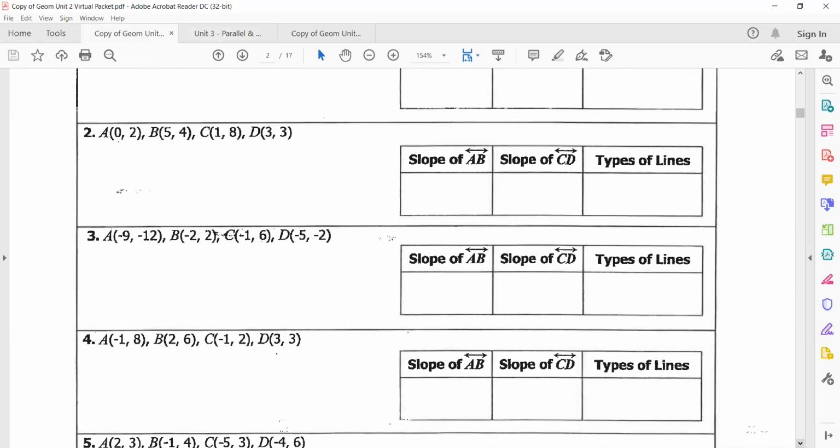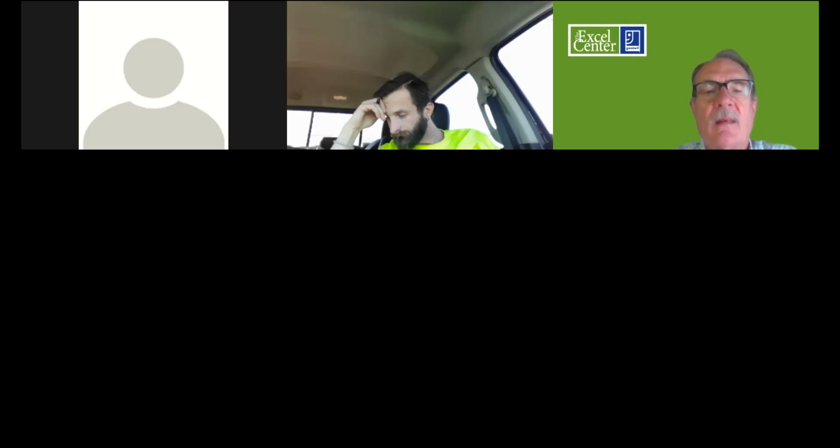So let's try number 4 here. And I'm going to pause things again. So the rules are same slope, or parallel. It'd be perpendicular.